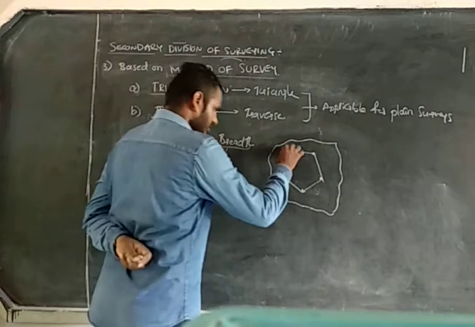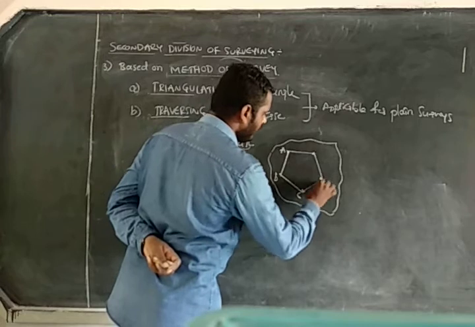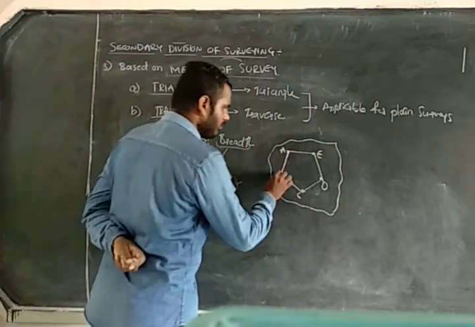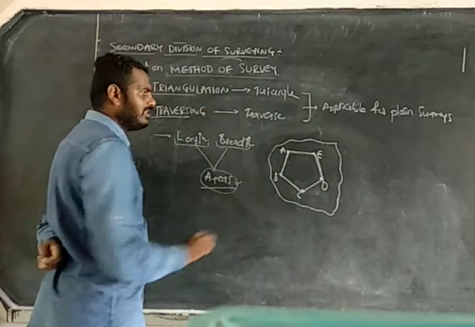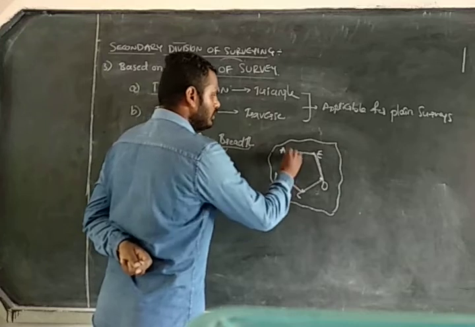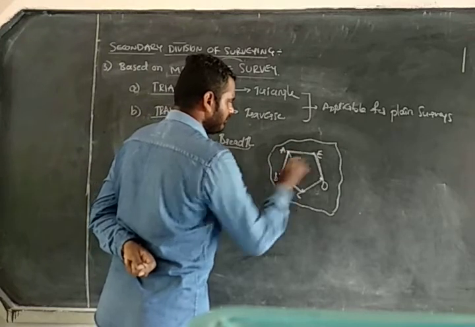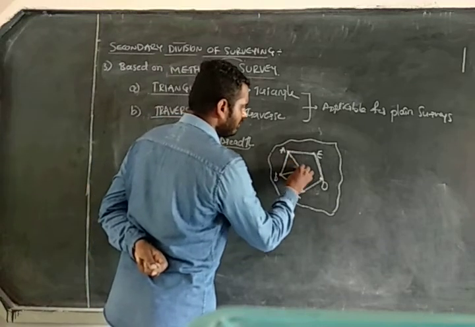So the different points are A, B, C, D, E. By connecting these particular points together, to calculate the area of this plot, I divide this entire plot into many different triangles. By taking some internal points here, I am going to form a number of triangles.